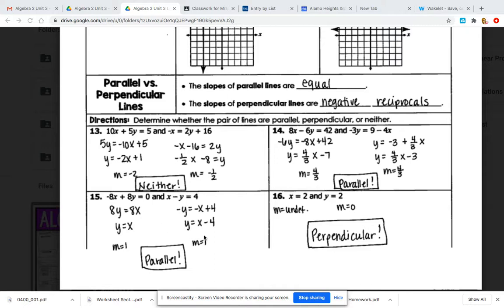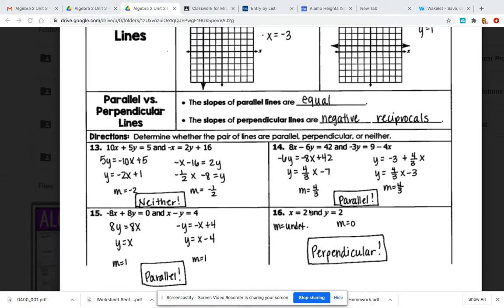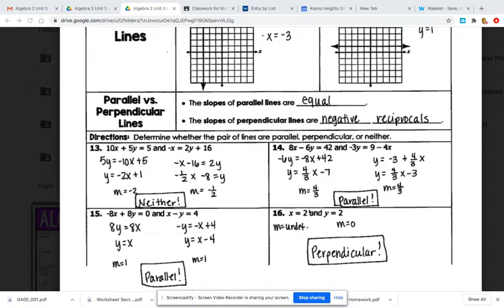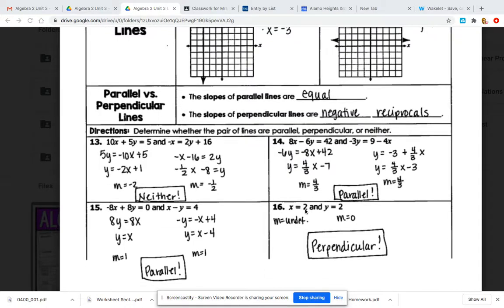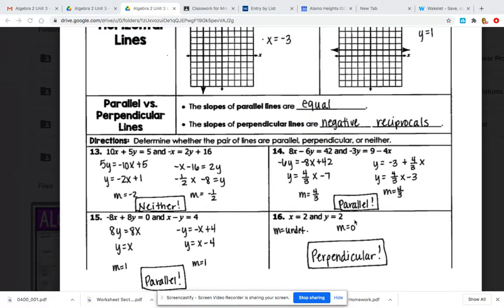Okay. The other one I want to skip down to is 16, because 16 is a little funky. So we have x equals 2. And so that's going to give me a vertical line. And so remember, vertical lines are undefined. So the slope is actually undefined here. Where y equals 2, that gives me a horizontal line.